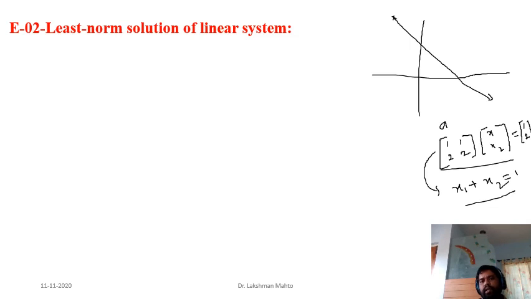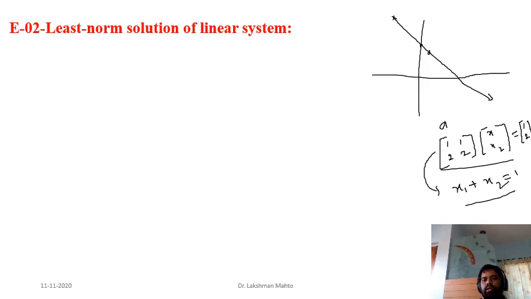So this linear system has how many solutions? It has infinitely many solutions, because every point on the line is a solution of the system. But among those infinitely many solutions, which solution has the least norm? That means the one with the least distance from the origin.